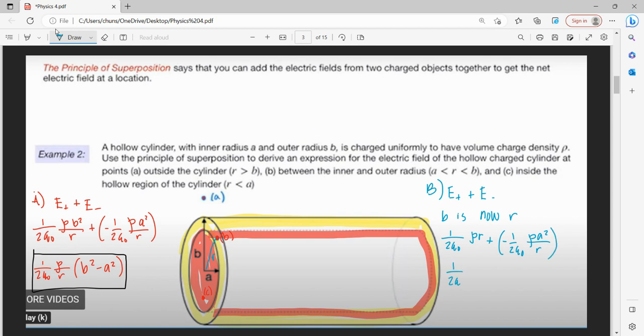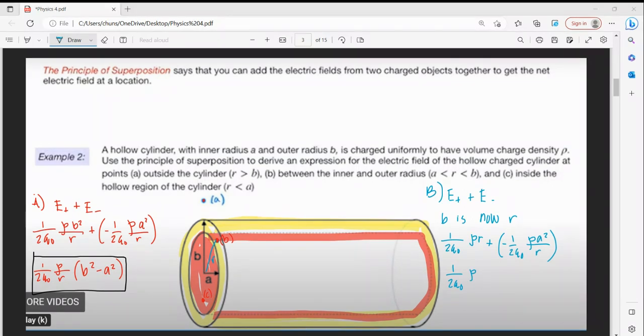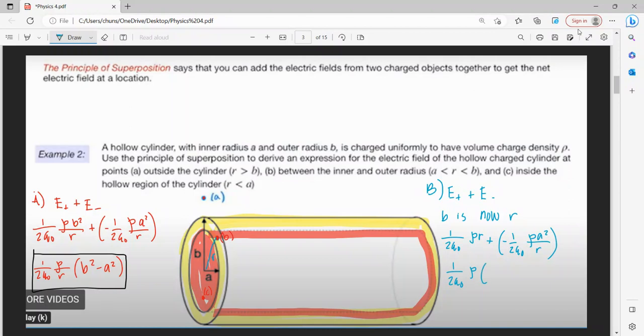Same thing if we factor it out, then that becomes r minus a squared over r.